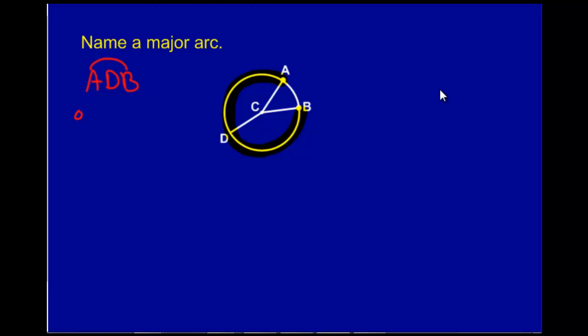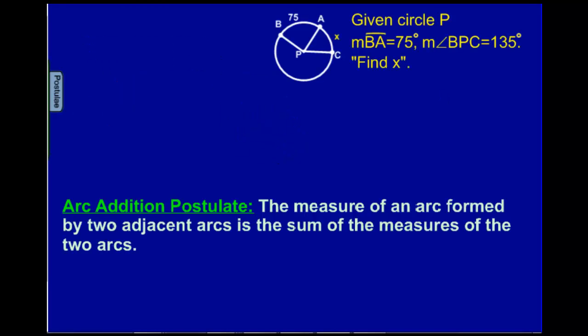Or we could flip it around and call it BDA. And there are different options you have. We could go DBA. That's another option. DBA, that's more than 180. You have some different things as we look at those.